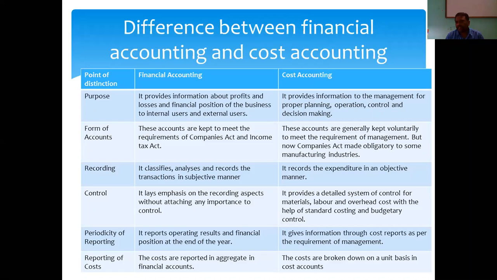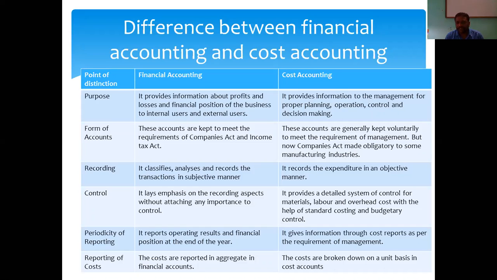Like the cost with the help of the standard costing. So here the cost accounting is going to estimate, then they are going to make the production. So what estimations they made and what they actually incurred, that we are going to prepare in the standard costing. And budget is a future plan, and based on the estimation the costing is needed. So that's why we are going to prepare the budgets, and they are going to control by using that.